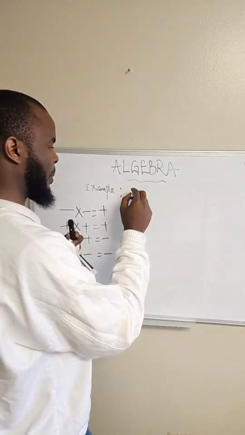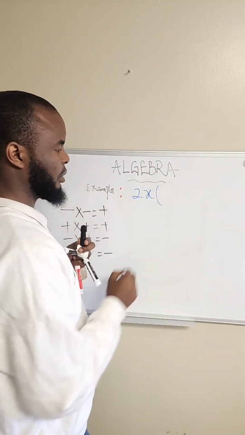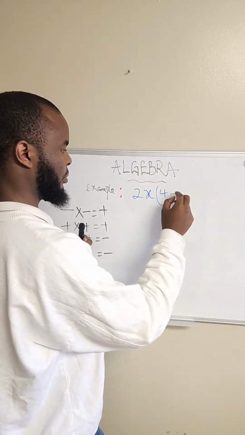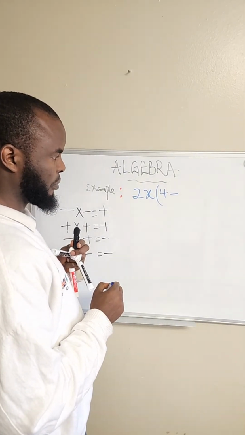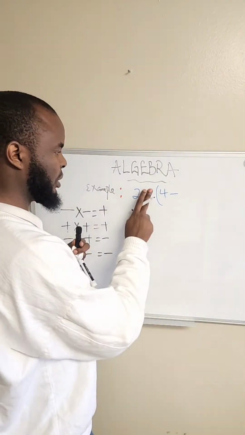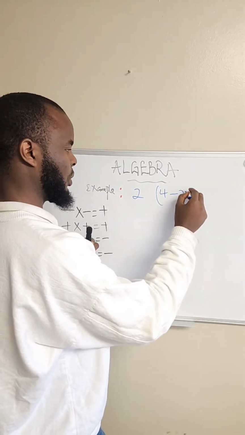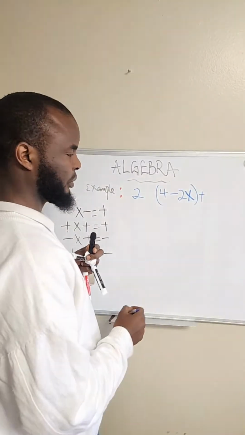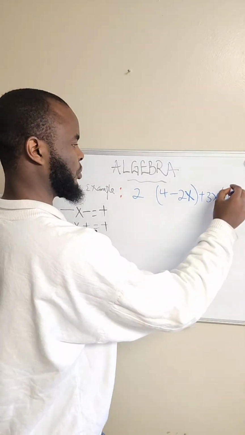We have 2x into parentheses 4 minus 2x, plus 3x multiplied by 2.